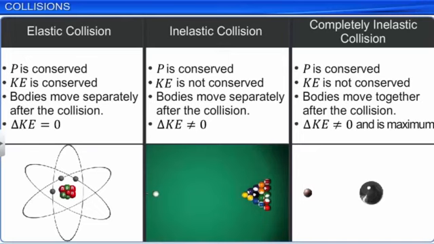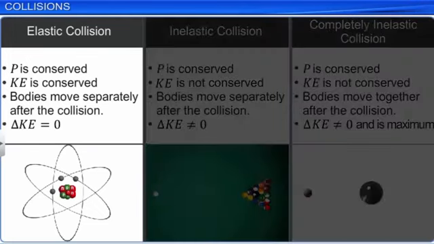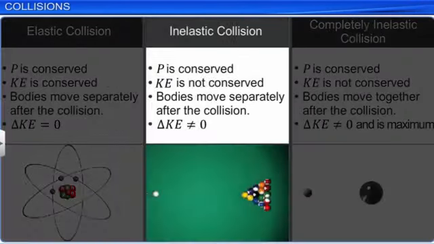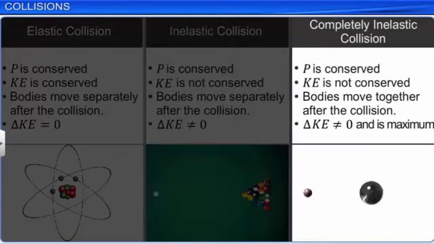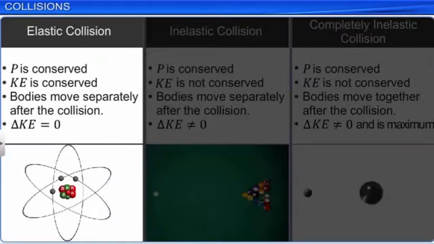There are three different kinds of collisions: elastic collision, inelastic collision, and completely inelastic collision. In a collision, if both the total momentum P and total kinetic energy Ke of the colliding bodies are conserved, then it is an elastic collision.